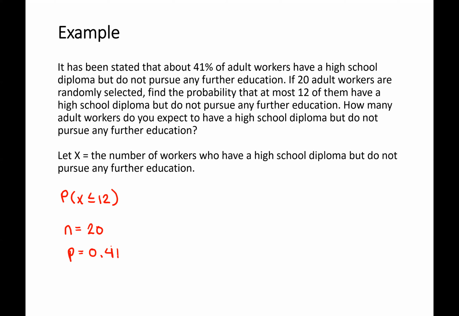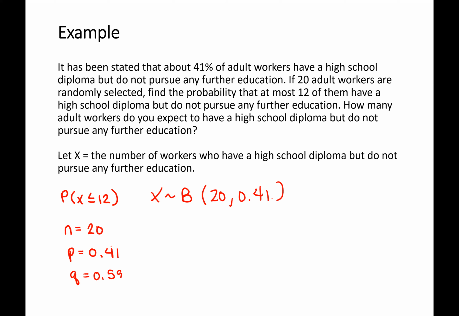So the probability of a failure would be 1 minus 0.41, or 0.59. So this is a binomial probability distribution with 20 trials, and our probability of a success is 0.41.